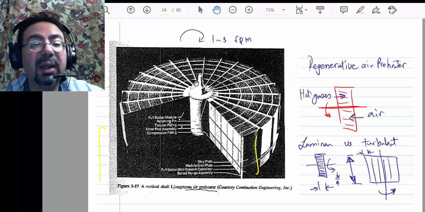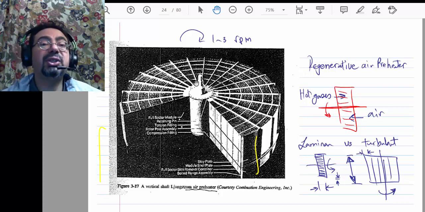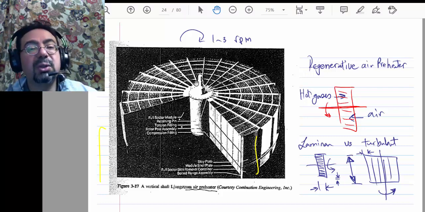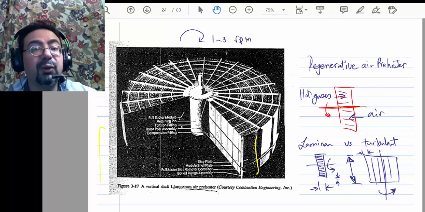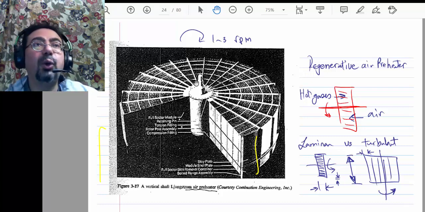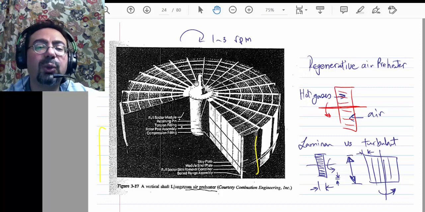They use the same idea in big HVAC machines. In big HVAC machines, before they throw out the exhaust air from the building, and they have to throw the exhaust, especially in a hospital, for example, you need to always throw out air and bring in fresh air. So that air they are throwing out could be cold air in the middle of the summer. You're like, wow, I'm going to throw all that cold air, that's a waste, right?